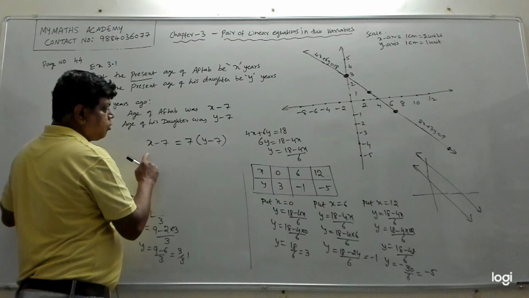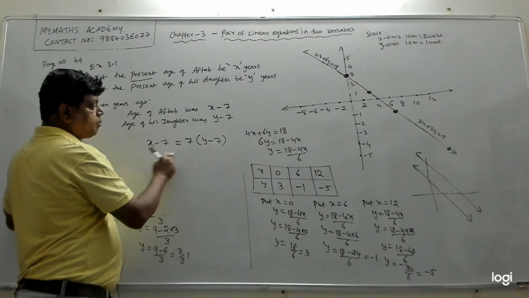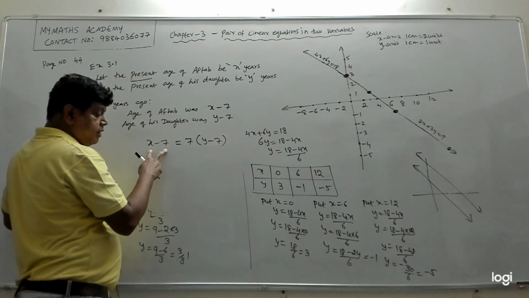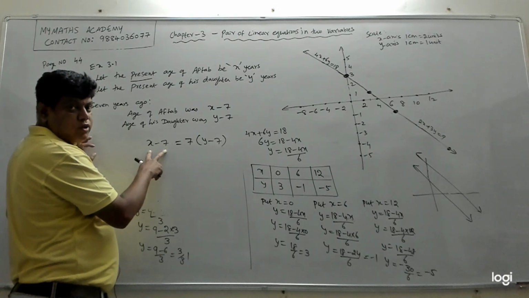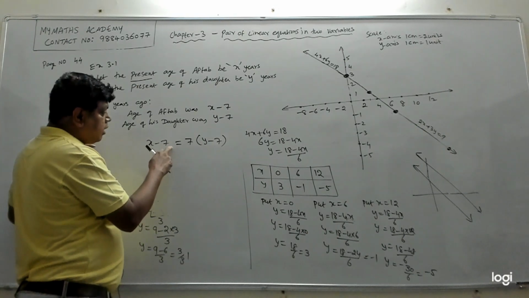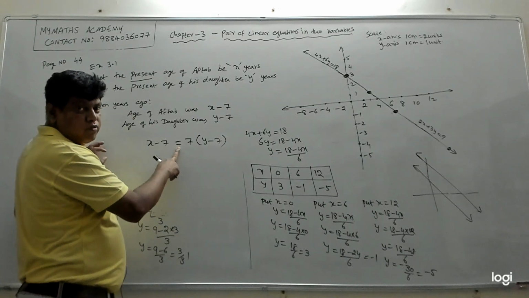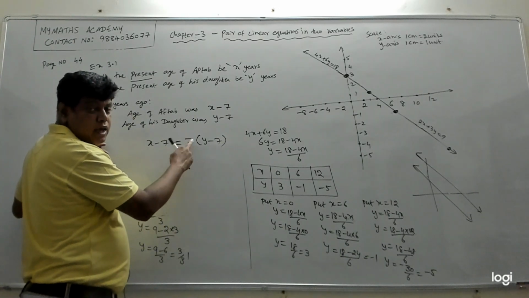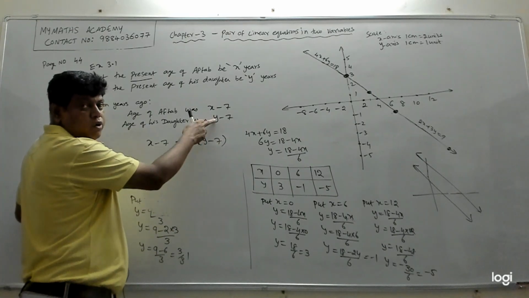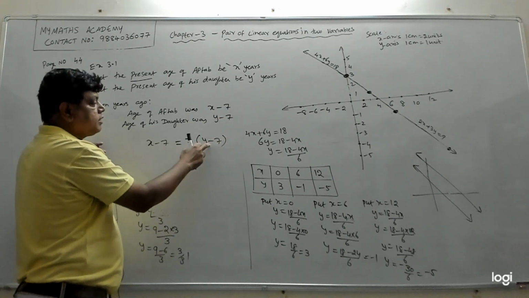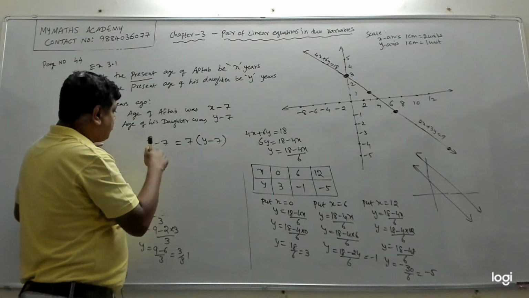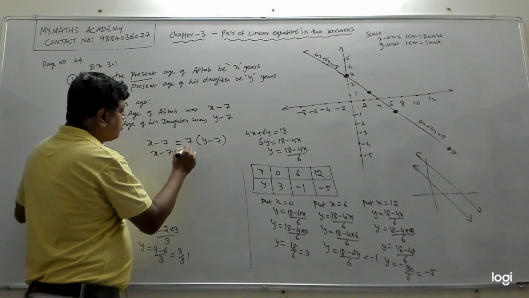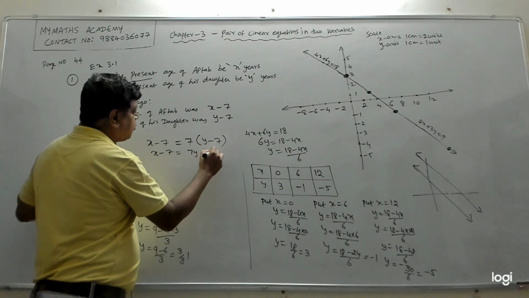Have you all understood how this equation is coming? 7 years ago Aftab's age is X minus 7, equal to 7 times however old his daughter was. Daughter was Y minus 7, so 7 times daughter's age 7 years ago. Right? So X minus 7 equals 7 into Y minus 49.